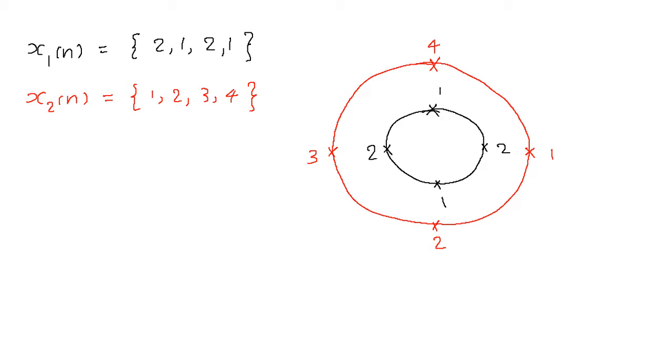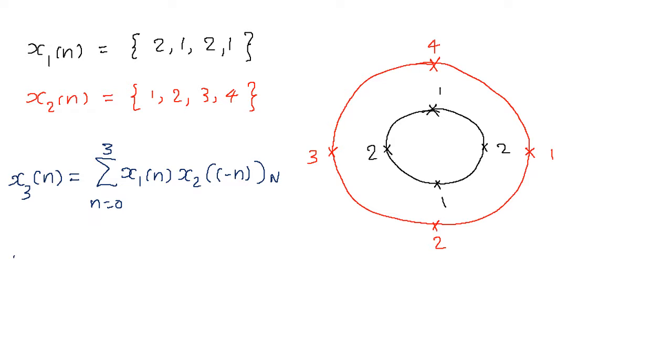We'll consider the signal x3 of n, which is obtained by the circular convolution, which is nothing but the summation over n equal to 0 to 3 of x1 of n into x2 of minus n. So this is how we define it.